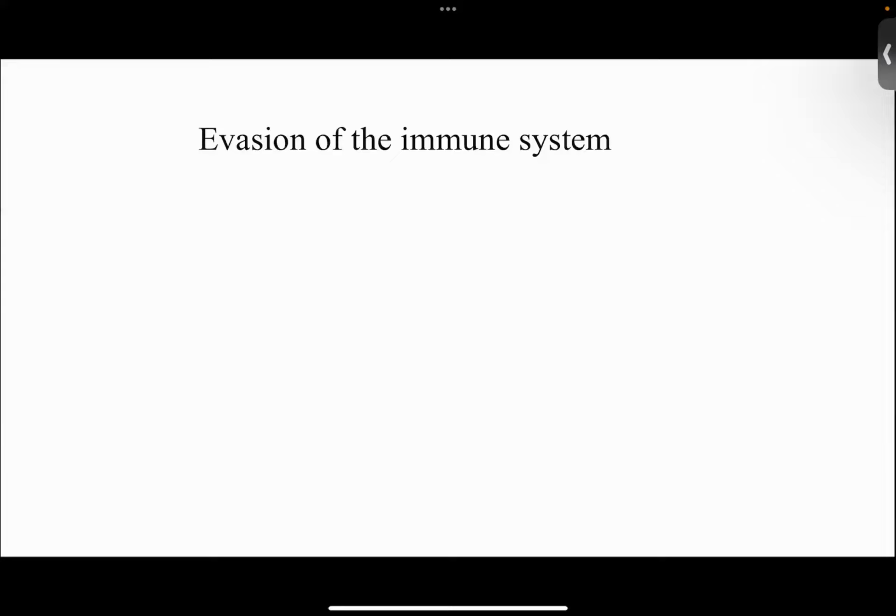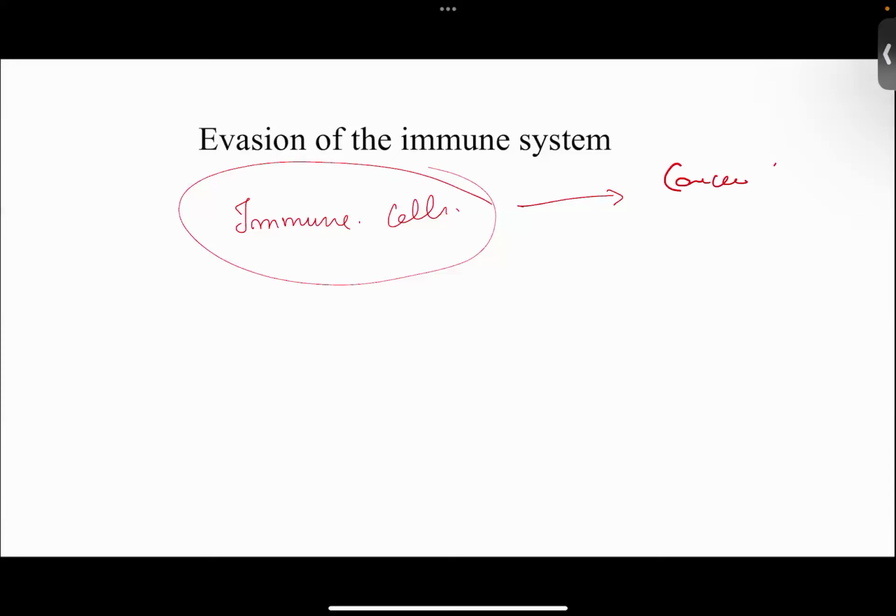So there are immune checkpoints, right? Certain immune checkpoints. For example, in a simple way, the immune cells are either masked by the cancer cells, the two ways I told you, either it will diminish or it will produce certain kinds of proteins.